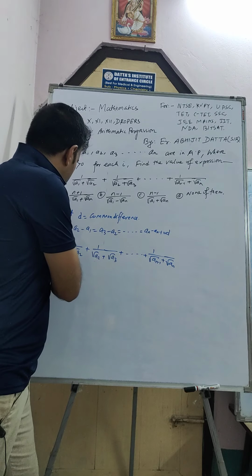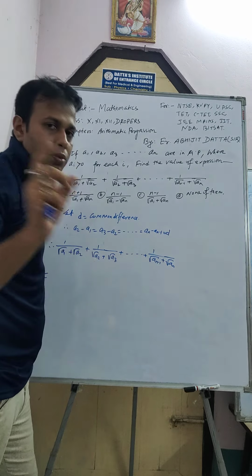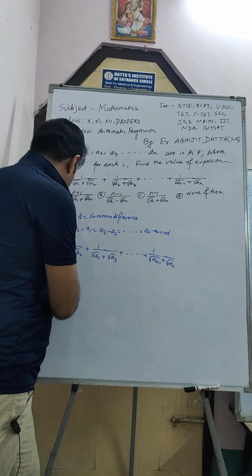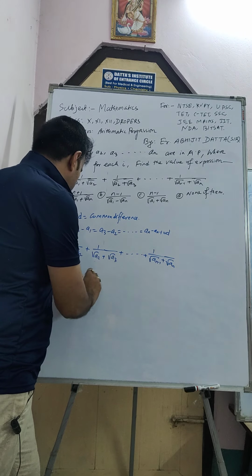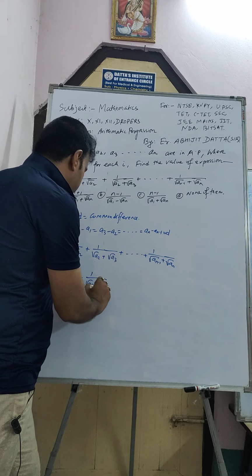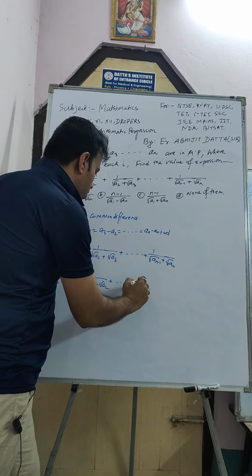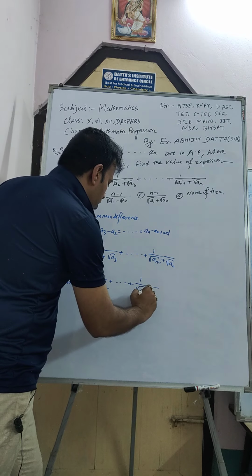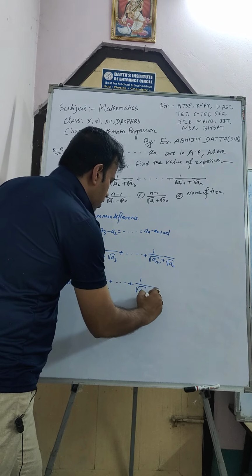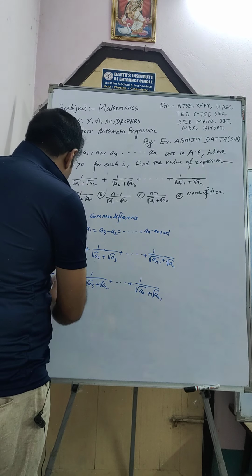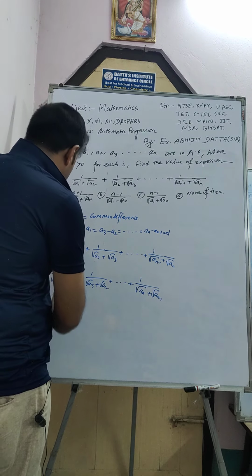This one is 1, this one is 2. I write the second term first. I write it in this way: root a2 plus root a1, root a3 plus root a2, and in this way I write this in decreasing order, root an first and then root a(n-1). Now I rationalize this one with the opposite sign.